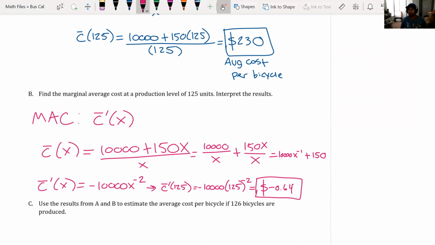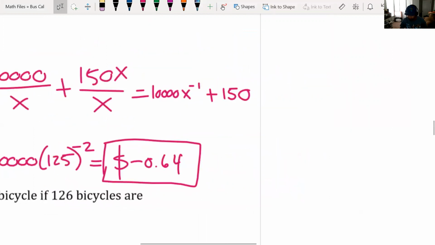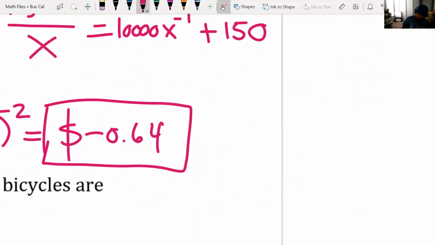So this means that at a production level of 125 bicycles, the average cost is decreasing by 64 cents per bicycle. So we could say average cost decreasing.